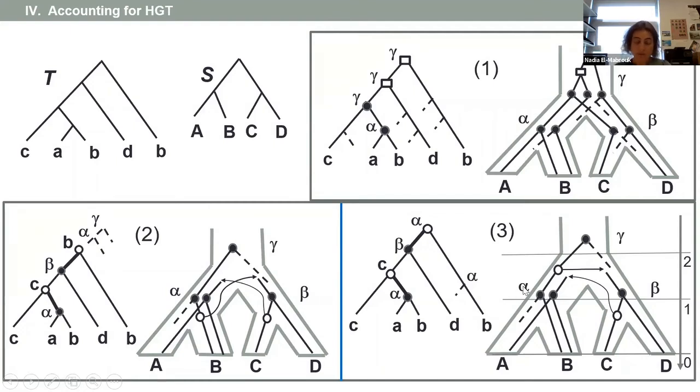But this scenario, though acyclic, is still biologically unfeasible as it is not date respecting according to the considered species tree. Because you see here we have a transfer between one species and an ancestral species, a species on another, which is not present anymore at that time.